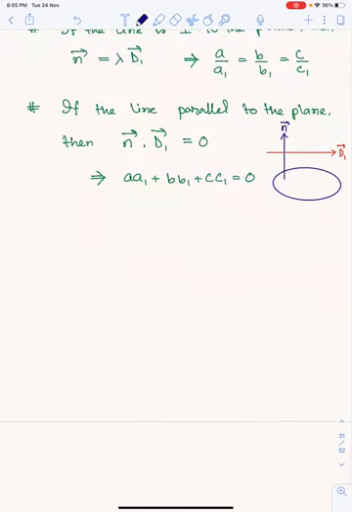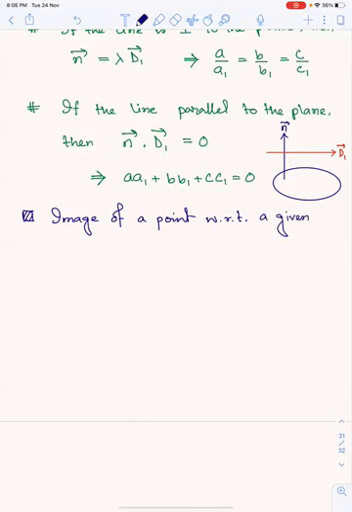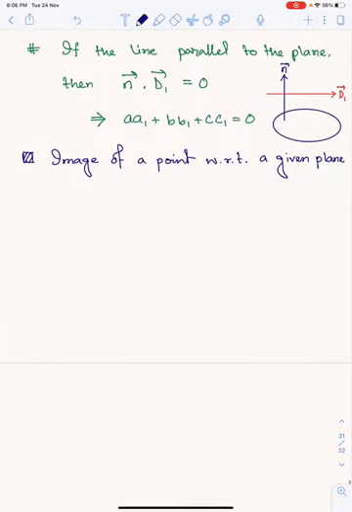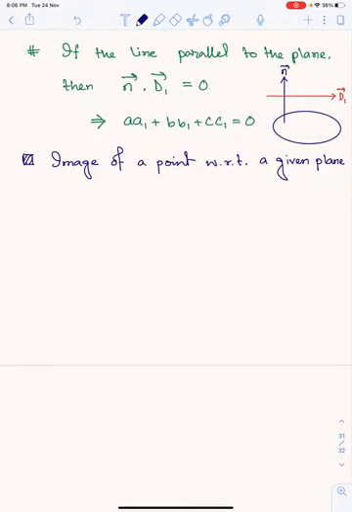The next idea that we will target is image of a point with respect to a given plane. So let us firstly try to figure this out.